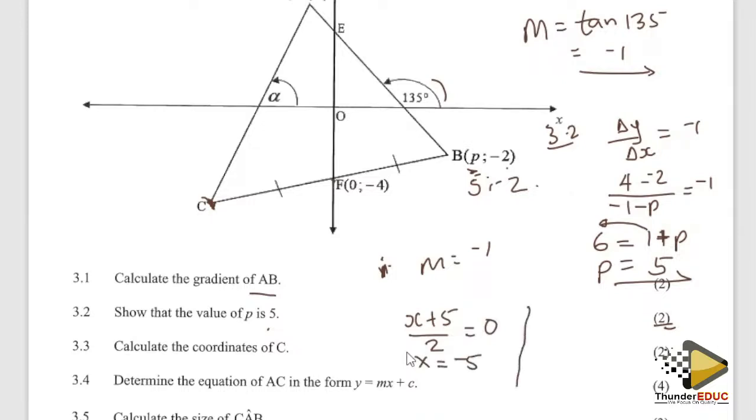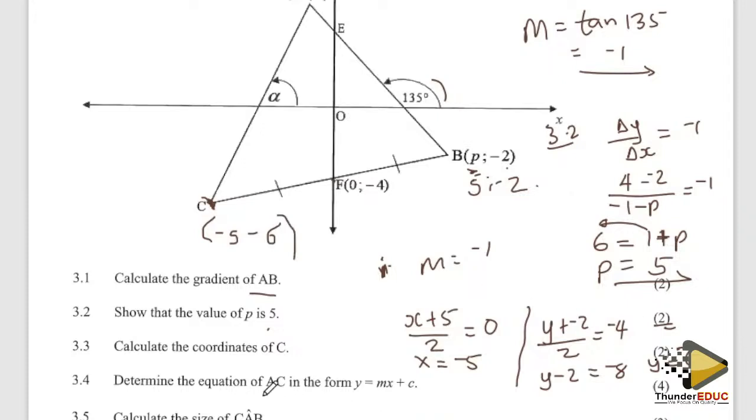I do the same thing with the y. So y plus -2 over 2 must give me -4. I cross multiply, y minus 2 is going to be -8, which means y is -6. Okay, so my C is (-5, -6). So that is our C.